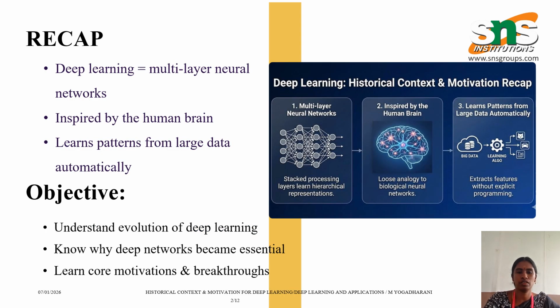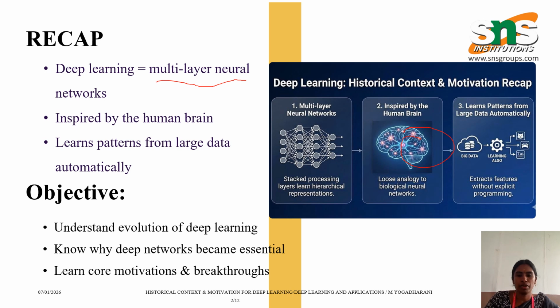Let us start with a simple question. How does a human learn? By seeing examples. In the same way, deep learning allows learning from data. So deep learning is a type of machine learning that uses multi-layer networks. Those networks are inspired by the human brain.